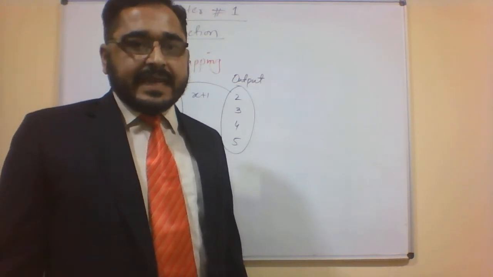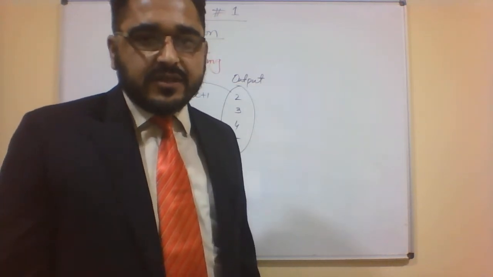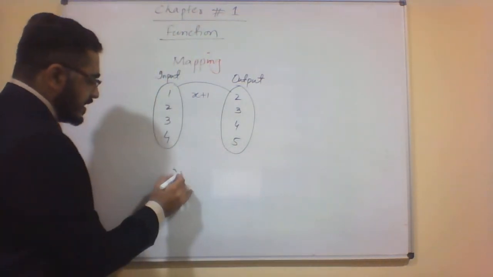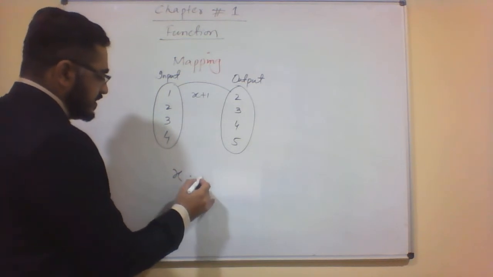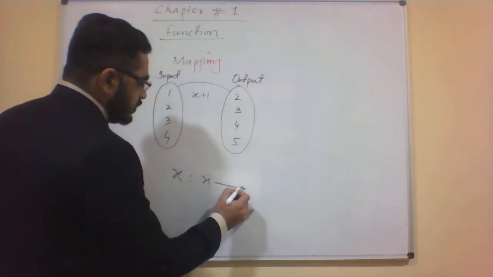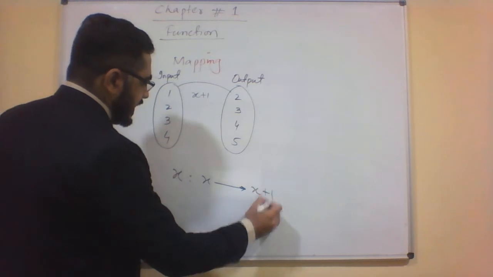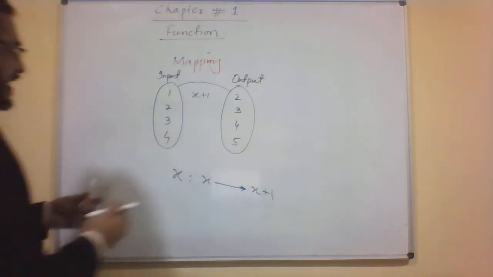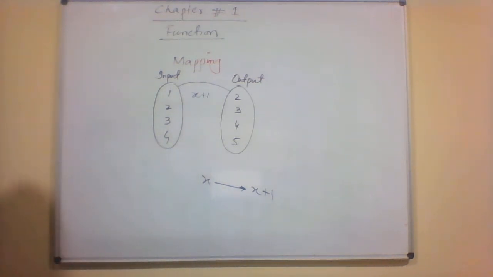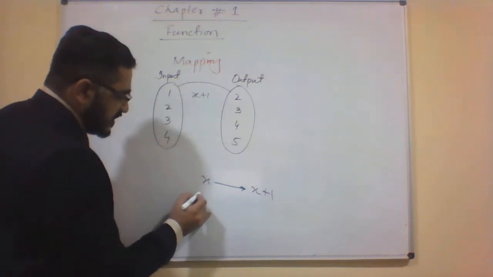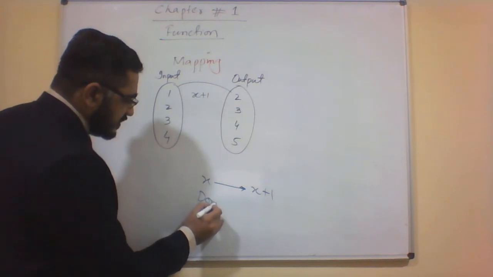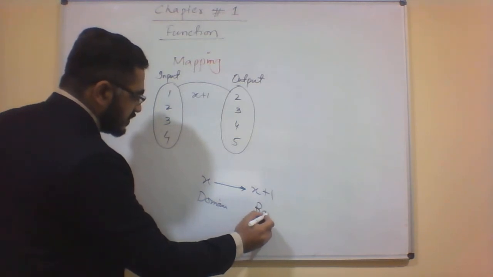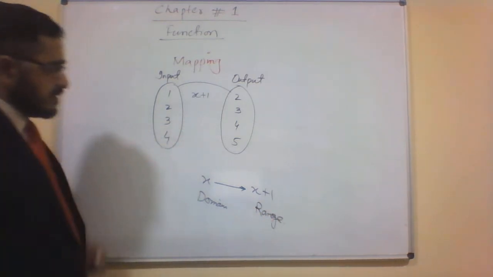The rule connecting input and output values can be written algebraically as x such that x goes to x plus 1, or only you can write like this, x to x plus 1. This first value we can say domain, and the other one can say range.